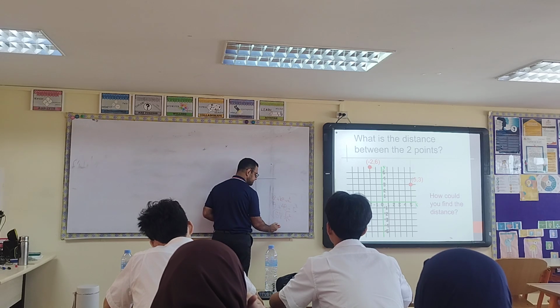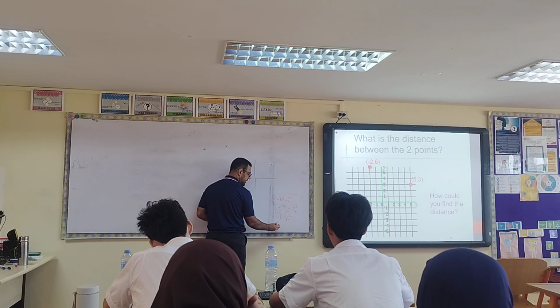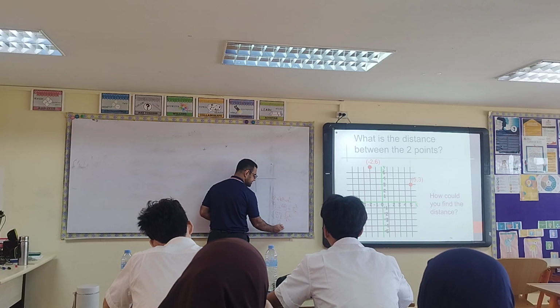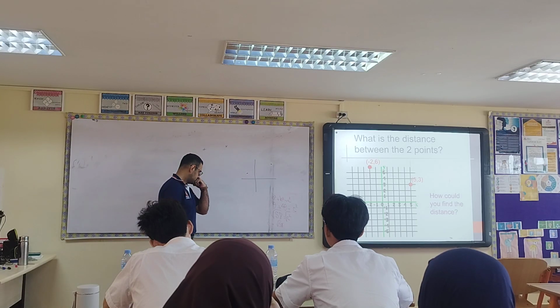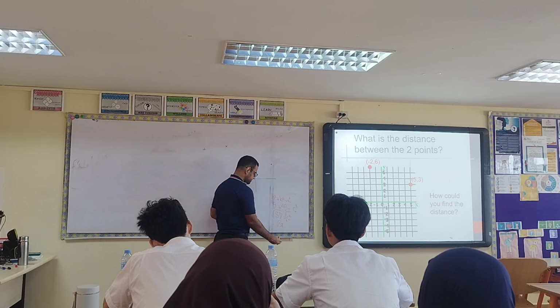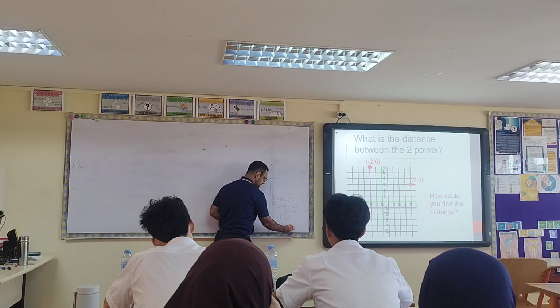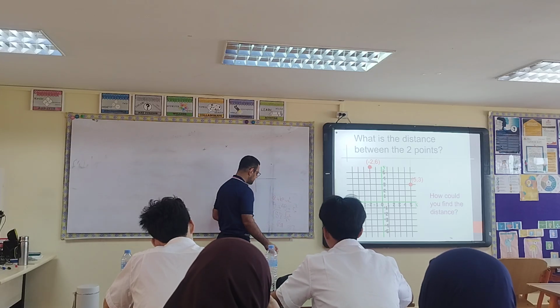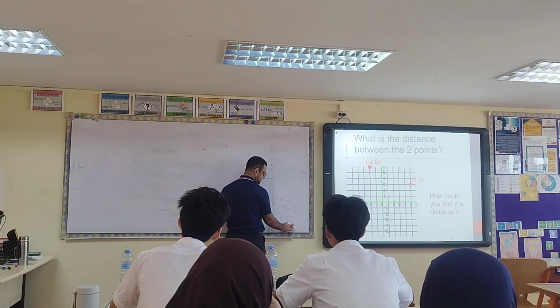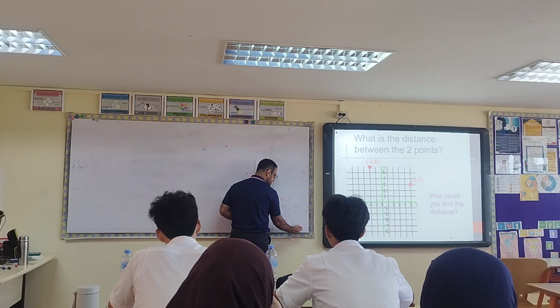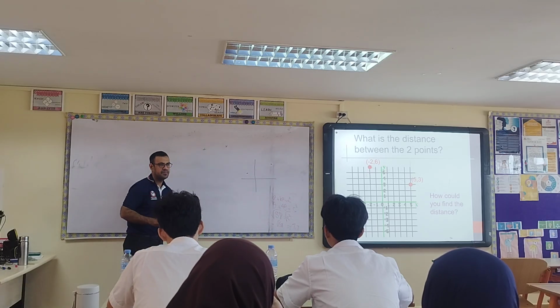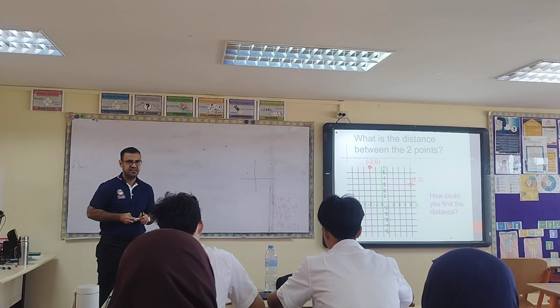Root both sides, C is gonna equal root 58. About how much is it? It's about 7.7, around that number.